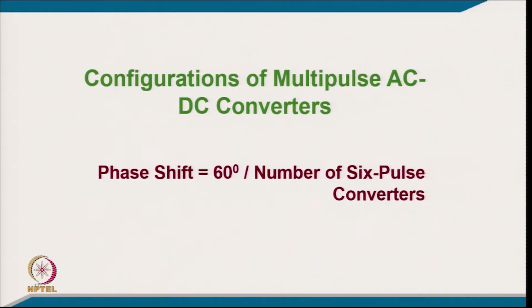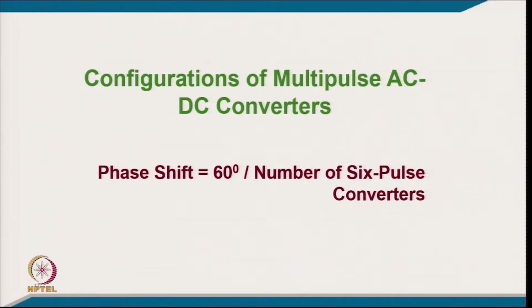Then the configuration for multipulse AC-DC converters. Normally, in this conventional AC-DC converter from a 3 phase supply, the required phase shift is 60 divided by the number of 6 pulse converters. Like if you have a 12 pulse, you require 2 converters, so 60 by 2 will be a 30 degree phase shift.